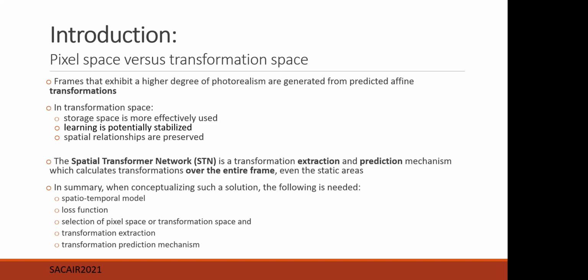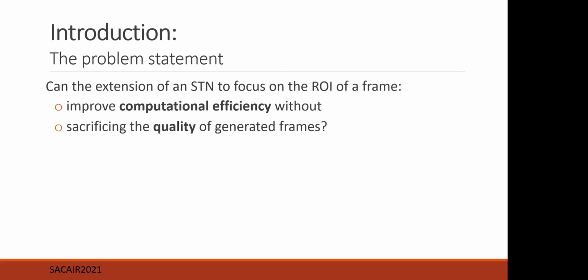And if you choose the latter, you'd need a suitable transformation extraction and transformation prediction mechanism. So this research seeks to answer the question, can the STN be extended such that transformations are calculated only for the region of interest of the frame, and thereby improve computational efficiency of the models without sacrificing the quality of the generated frames?